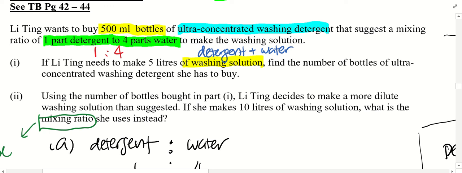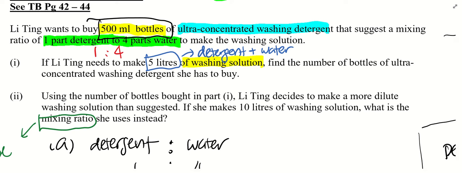When she mixes them together, she wants a total of 5 liters, using the ratio suggested by the manufacturer. So find the number of bottles of this concentrated washing detergent she has to buy in order to make 5 liters of mixture. And you must remember the previous part of the question says the bottles come in 500 milliliters size.